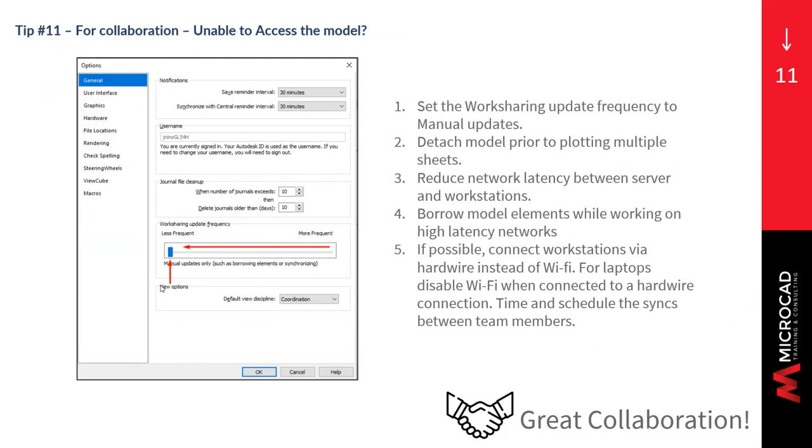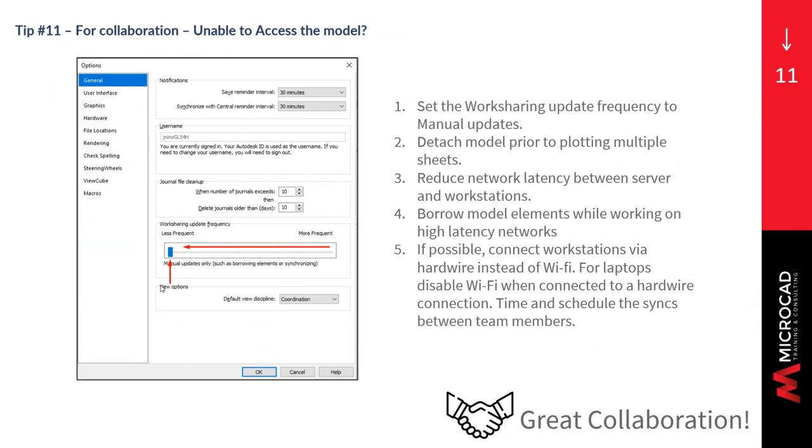And something that I really like to recommend to all you users, if you are using a laptop instead of a workstation, I recommend to use a hardwire or an Ethernet cable instead of using Wi-Fi, because sometimes Wi-Fi is going to be slow, and if you have a really heavy model and you want to share it, from time to time it's going to be really slow. It's going to take some time and possibly is going to crash your model if it's really heavy.